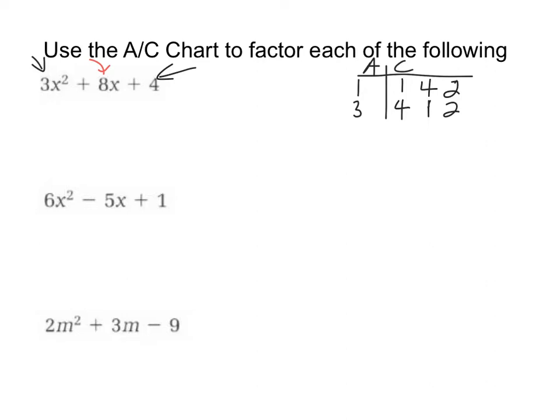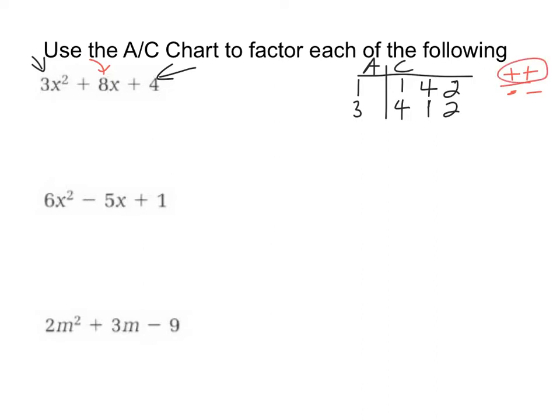We've got to think about multiplying and adding like we did with simple trinomials. To get a positive 4 at the end, we would need 2 positive numbers or 2 negative numbers, but to get a positive 8 in the middle, we're going to need them to be both positive. So just going to keep that in mind.